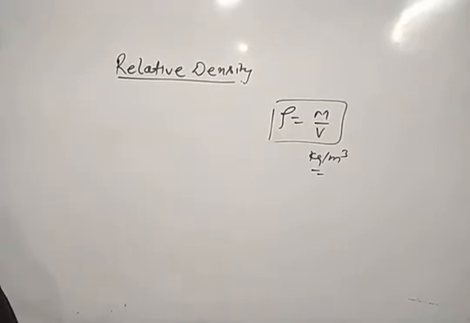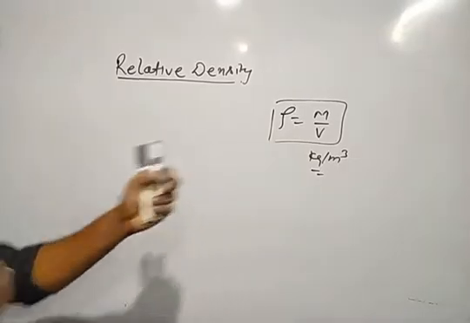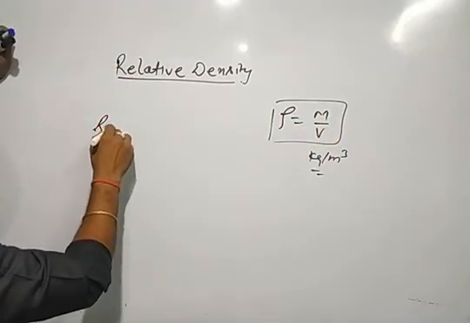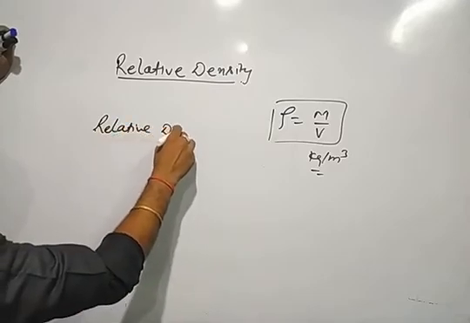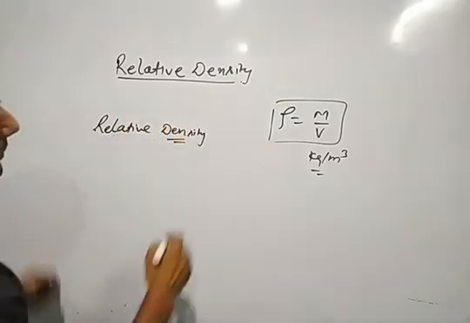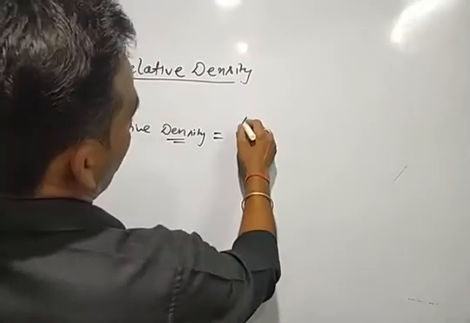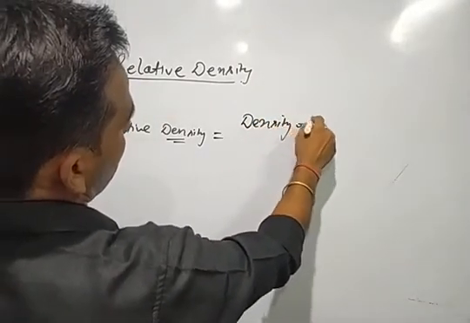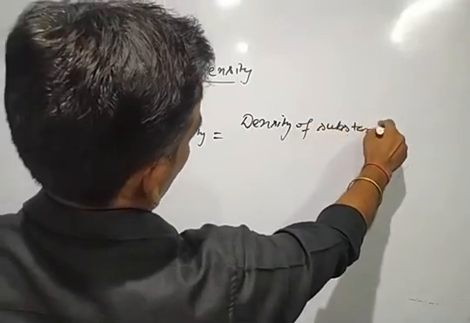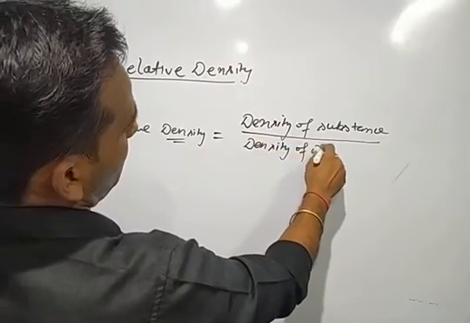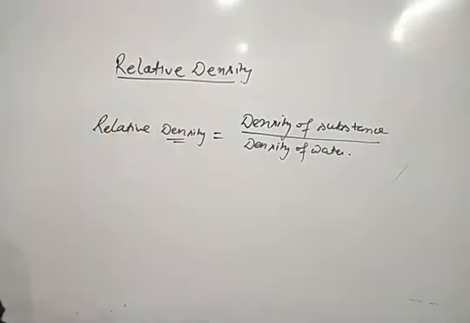If we want to prove it, listen, I have told you relative density is equal to density of substance upon density of water, and the water should be at 4 degrees centigrade.